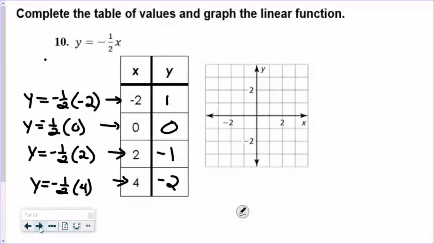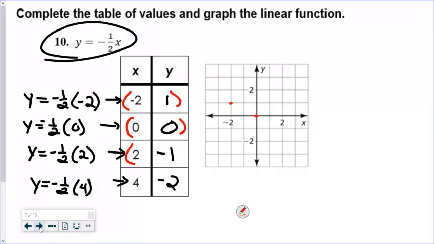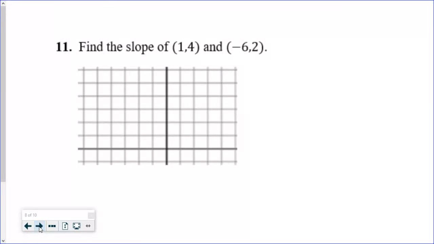Remember, I'm just taking this equation and plugging in my different x's. So I have now the ordered pairs -2, 1, 0, 0, 2, -1, and 4, -2. So again, if it's not a straight line for these tables, you're doing something wrong.